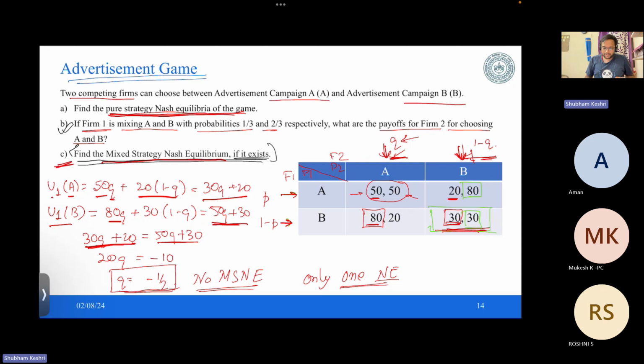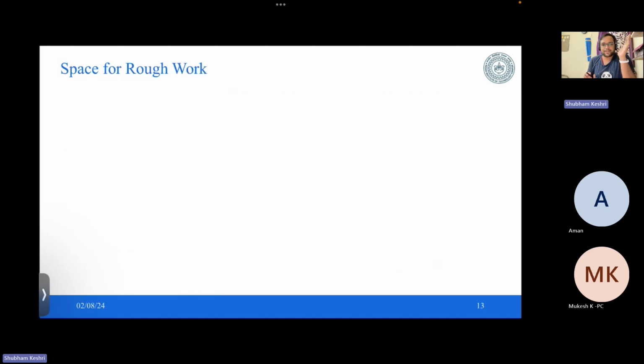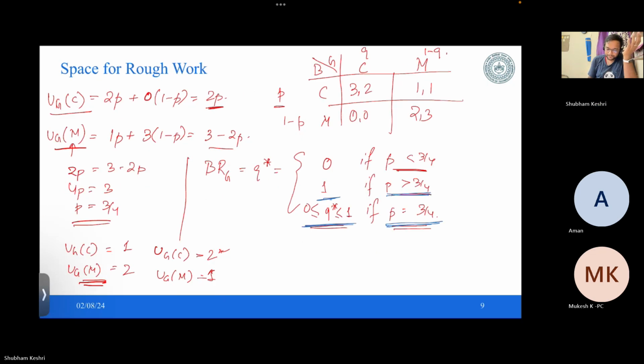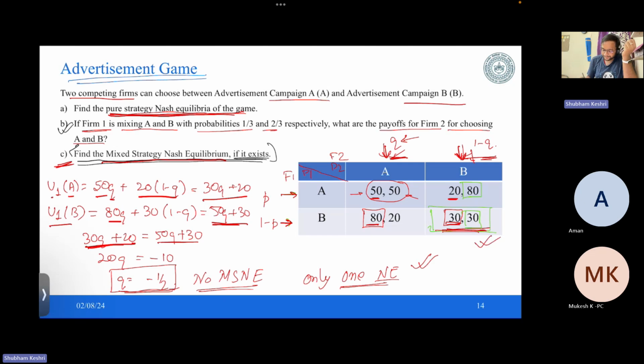Okay. So we have discussed this. Now, can we just think why this problem has no mixed strategy Nash equilibrium, and why the other problem has a mixed strategy Nash equilibrium? In this problem, there is one Nash equilibrium which will always be obtained.